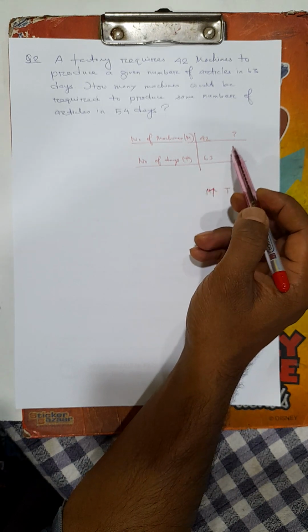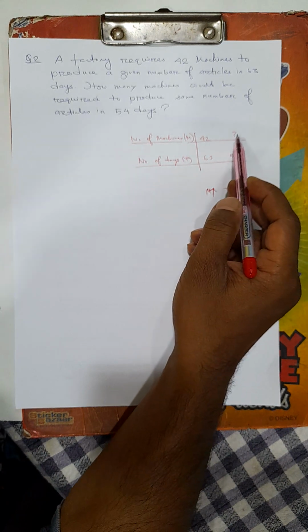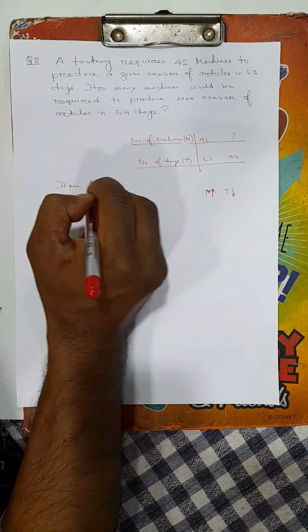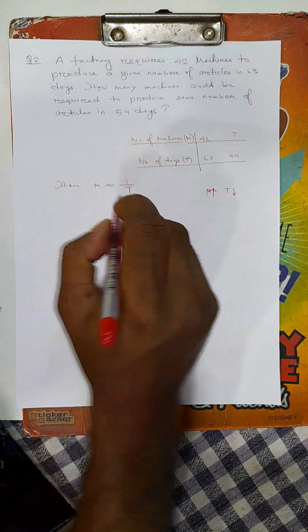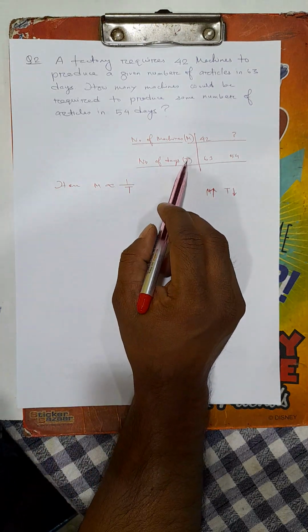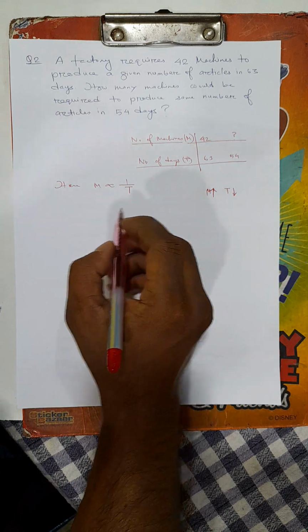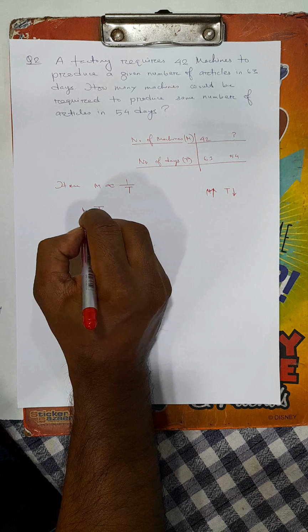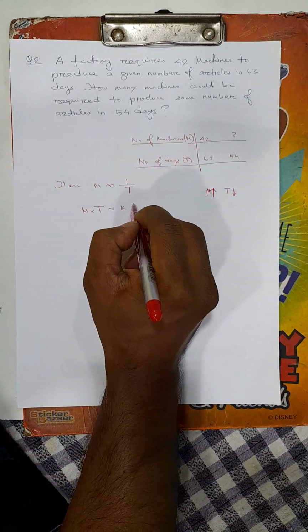Or if you want to produce the same number of goods in fewer days, we will have to deploy more machines. So here M is inversely proportional to T, because when machines increase, time taken will be less. Therefore M is inversely proportional to T, or MT, the product of M and T, is a constant.